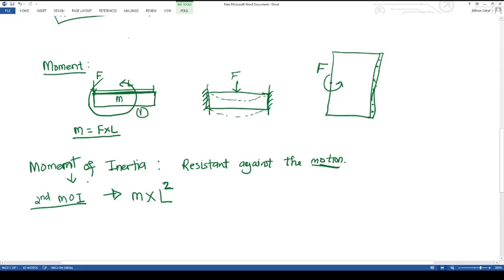So second moment of inertia, we can say it is resistance against the motion, and it is the product of mass times the distance from the axis at which we are applying the force, squared.